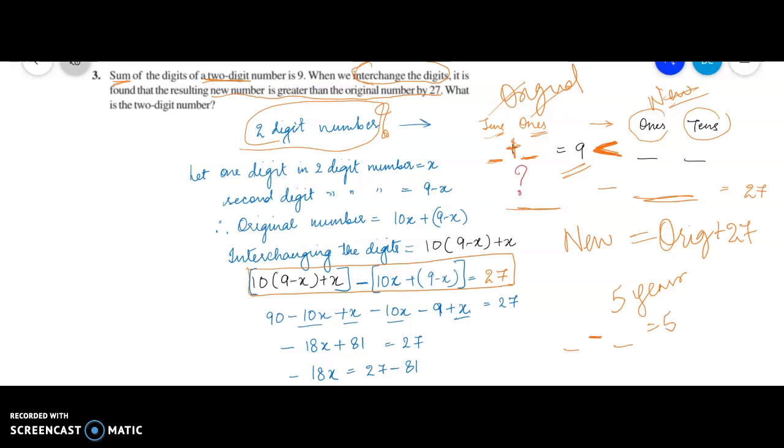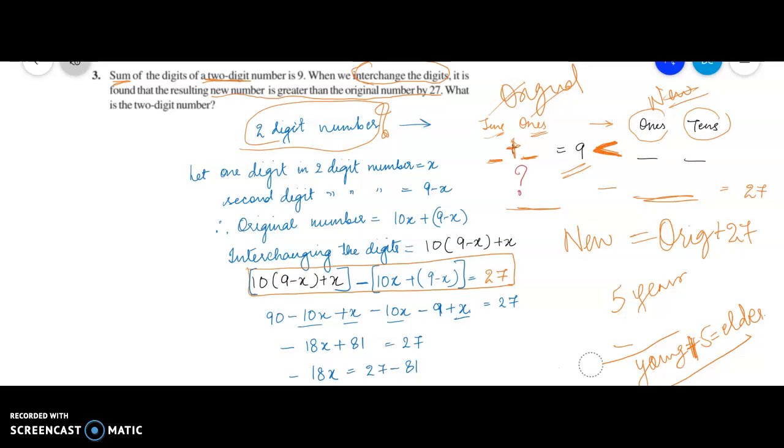Or this may be said like this, that if you add the younger brother's age with 5, you'll get the elder brother's age, right? You can take it like this, or you can take it like this, whichever you feel easy with.